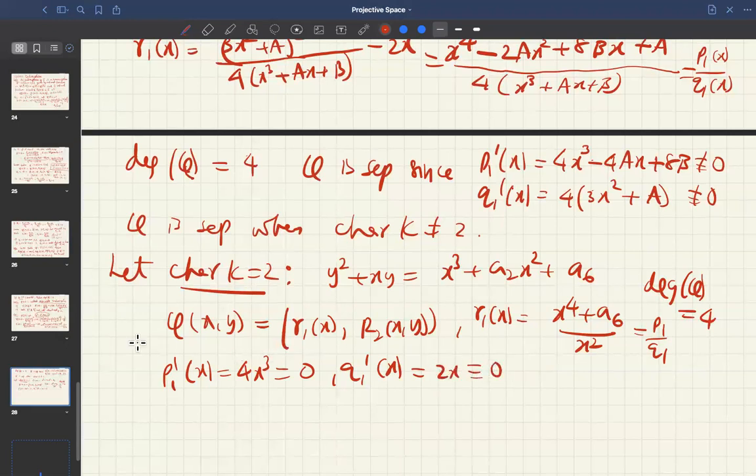So here both p1 dash and q1 dash are identically 0, hence phi is not separable.